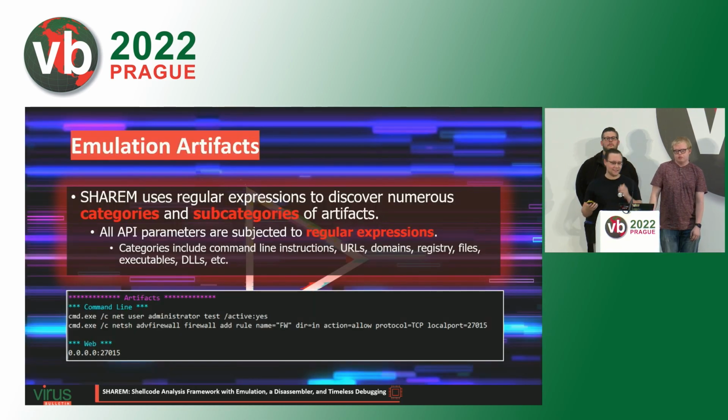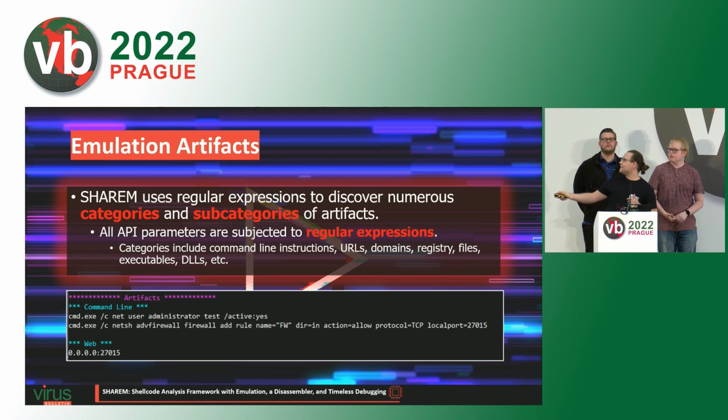So whenever we do our API discovery, we subject all of the data from it to regular expressions to sort into categories. So here we can see categories like command line and web artifacts.